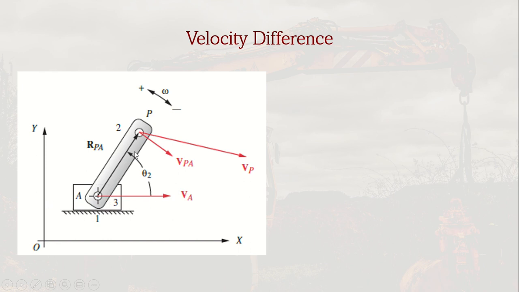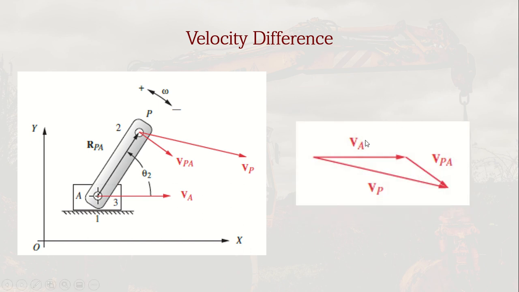While the velocity of P relative to A is denoted by this perpendicular line with respect to the angle of rotation. The velocity difference is used when they are connected in the same body, as you can see here. Point A and point P are found on the same link, so we will use the term velocity difference.